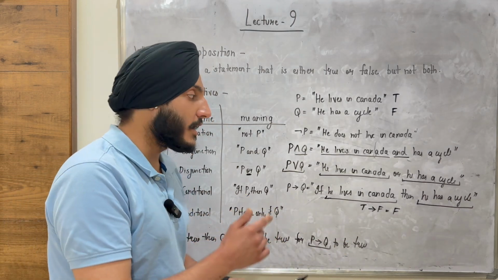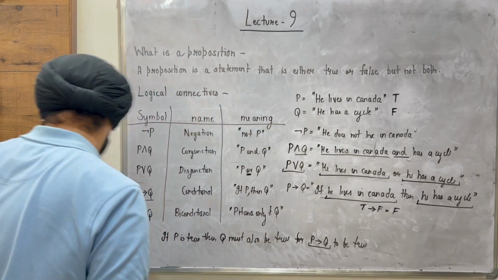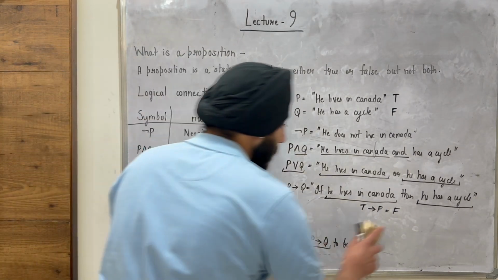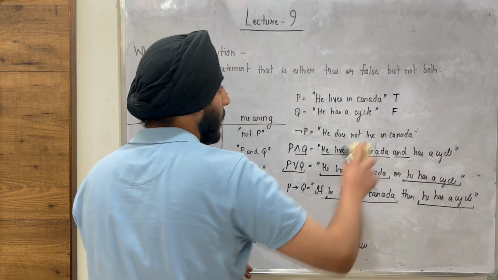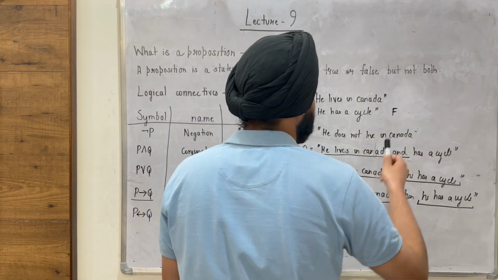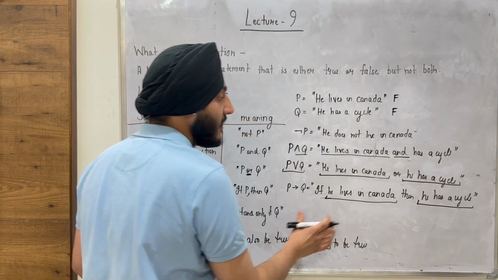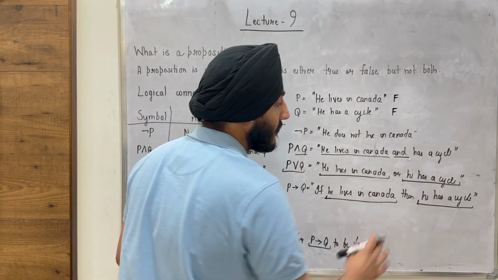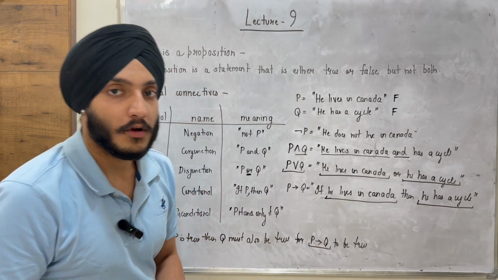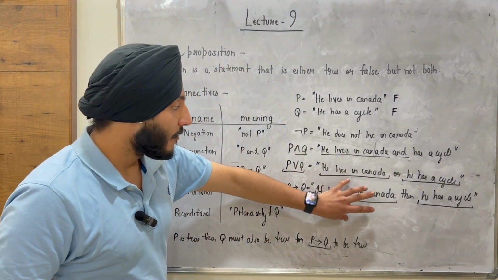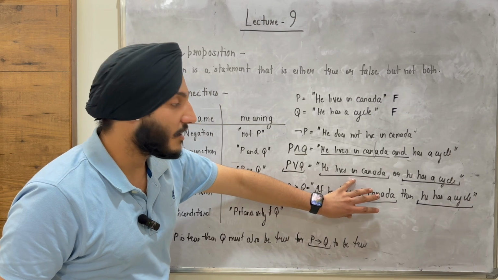But now let's take a look at the other cases that we have. Think about it. If both of these conditions were false, that means he does not live in Canada, then he does not have a cycle. We don't really care anymore. Why? Because we only care about if this condition is true.